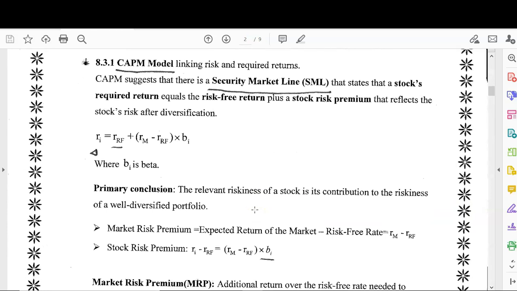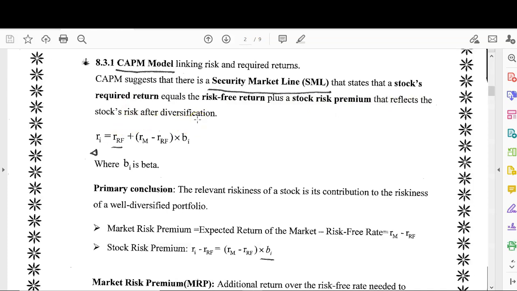Okay, let's first look at capital asset pricing model. It links risk and required returns. It suggests that there is a security market line that states that a stock's required return equals the risk-free rate plus a stock risk premium that reflects the stock's risk after diversification.